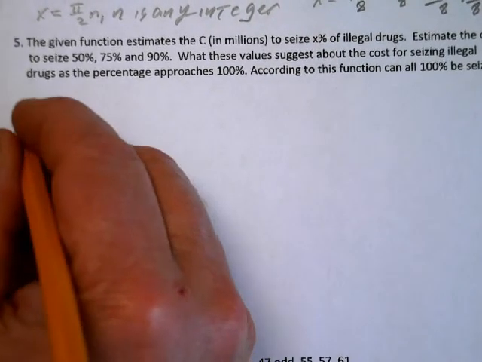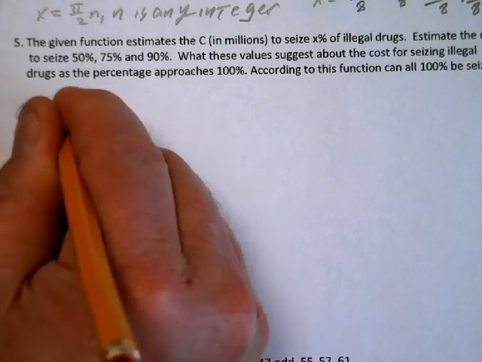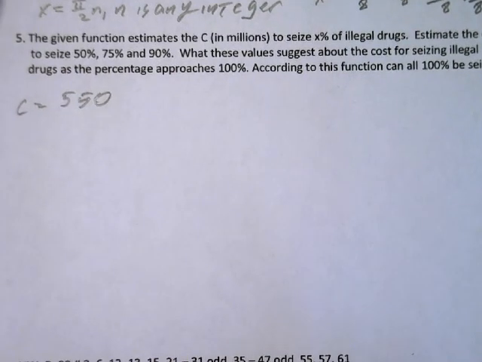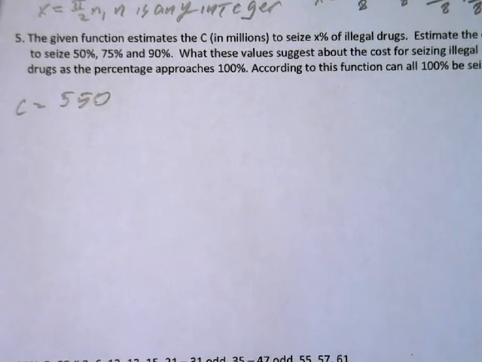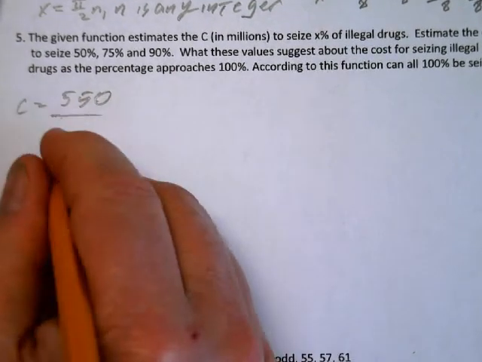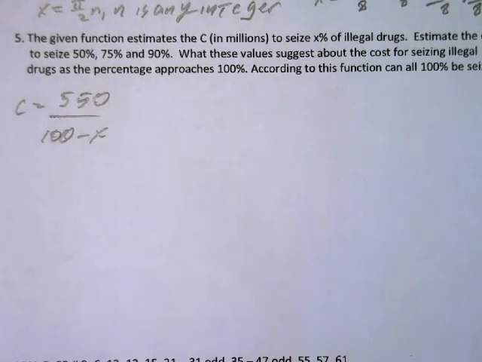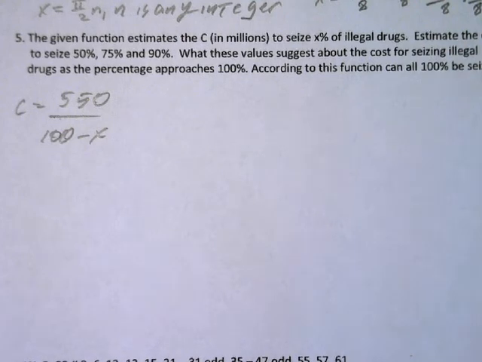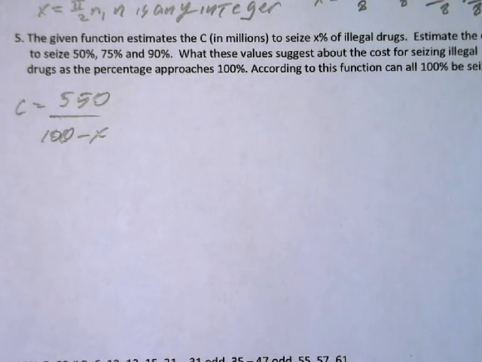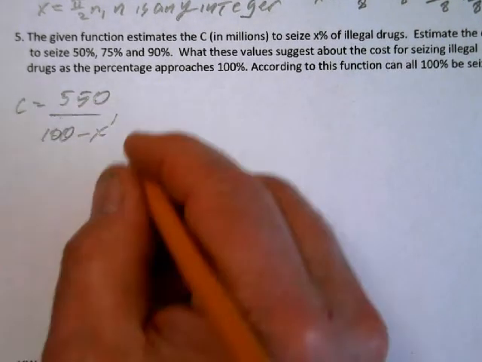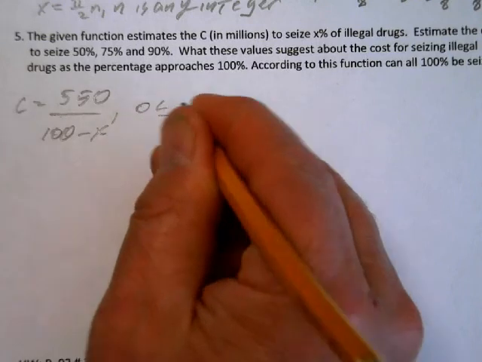According to this function, can 100% be seized? So what we have is this function: C equals 550 divided by 100 minus x. Now that's just a function I made up.